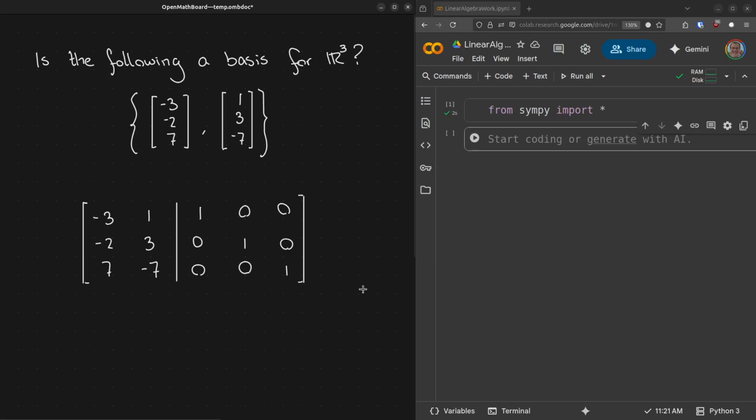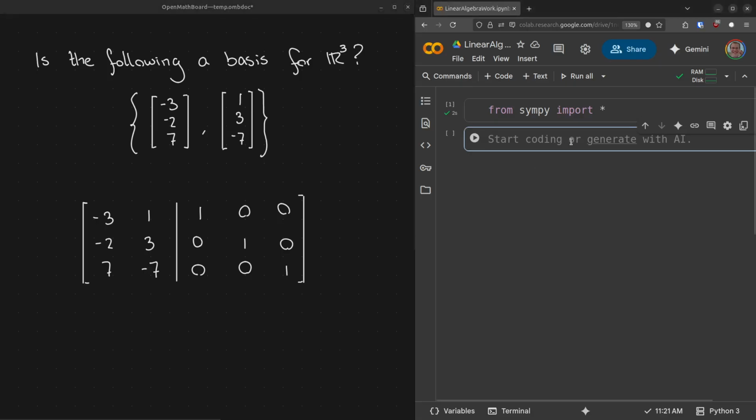All right. So I'm going to get this into reduced row echelon form. It's going to tell me everything I need to know about whether these two vectors are linearly independent, and if these two vectors span R3, by telling me if I could use a linear combination of these two vectors to express each of the vectors in the standard basis for R3.